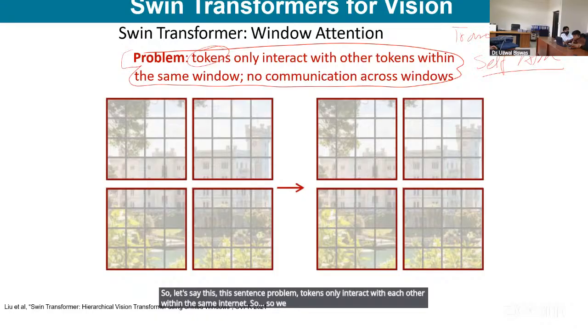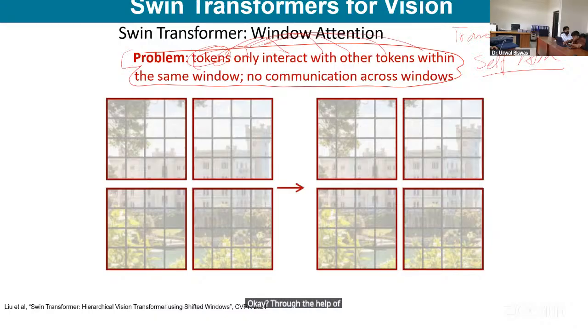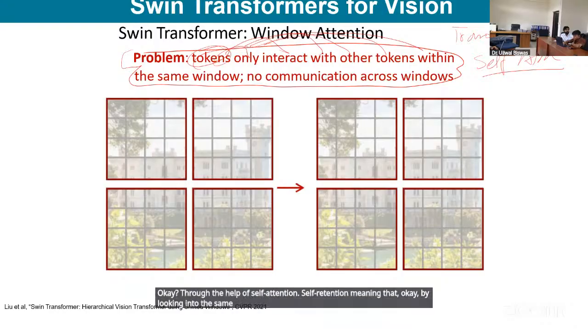We have to find the relationship between a token and the other words. With the help of self-attention, by looking at the same sentence from different aspects again and again, we learn the relationship between the words, the meaning of the words, and also the grammatical nature of the words.